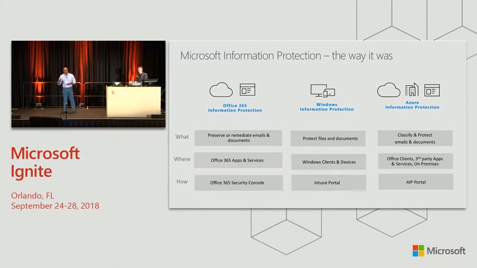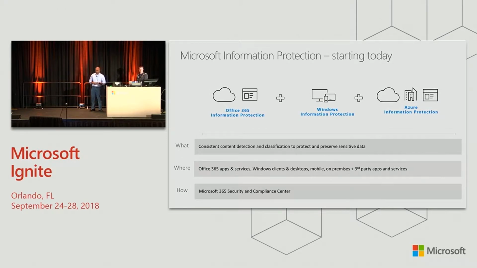All right? So we took a step back and said, okay, how do we do this better? How do we do this right, so to speak? And that's where we landed today. As of today, or as of yesterday, with the fact that we've mentioned Microsoft Information Protection, we are now building a consistent experience across the board, regardless of how you consume that protected information.